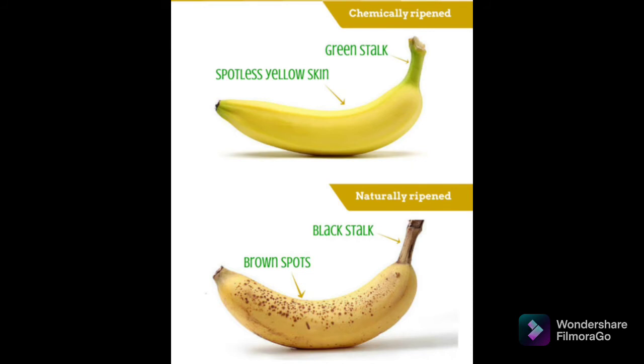Did you know that there is a chemical and natural ripening of banana? In the picture, the chemically ripened banana has a green stalk and a spotless yellow skin. And the naturally ripened banana has a black stalk and brown spots on its skin.